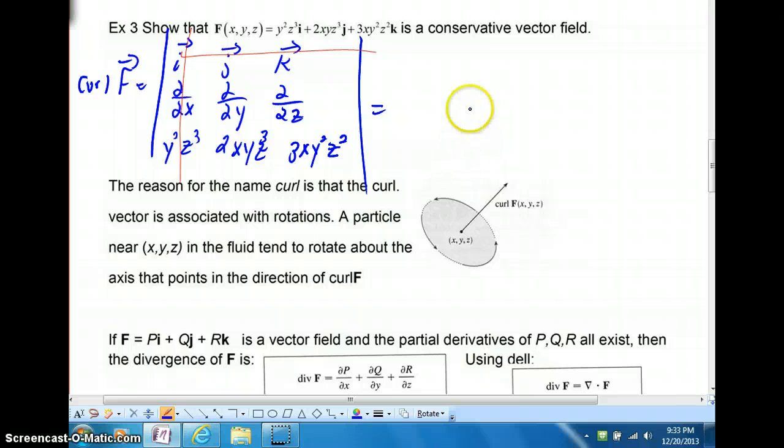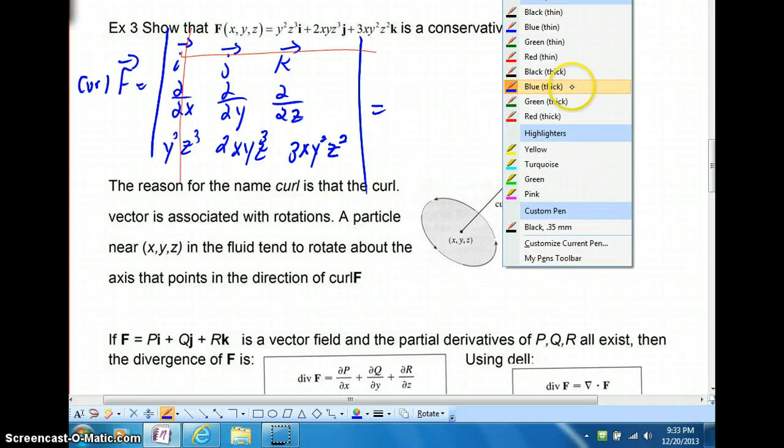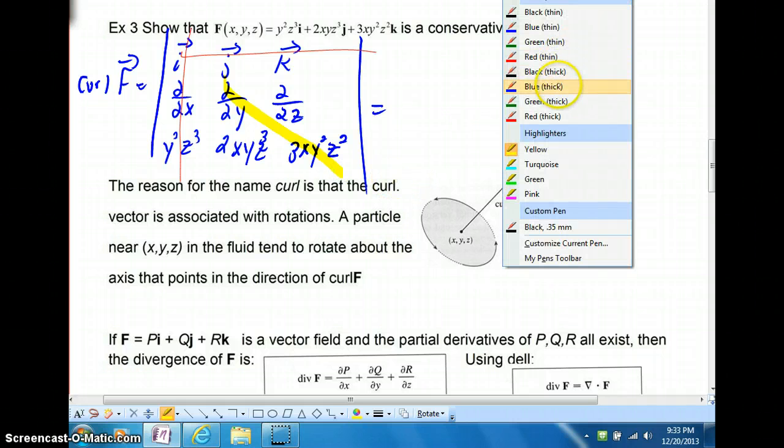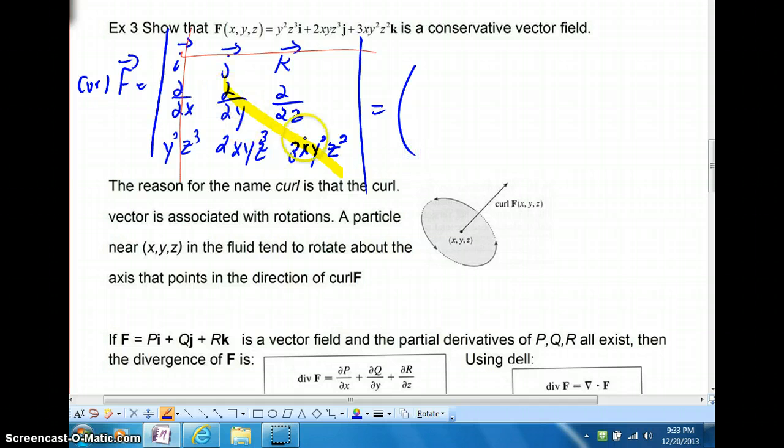You will now have a 2 by 2 determinant remaining, and here is one of the diagonals. Without even needing to write this out, just look at this diagonal that I highlighted. Take the derivative with respect to y of 3xy squared z squared. Well, we'd get 6xy z squared. Then I'd say minus.